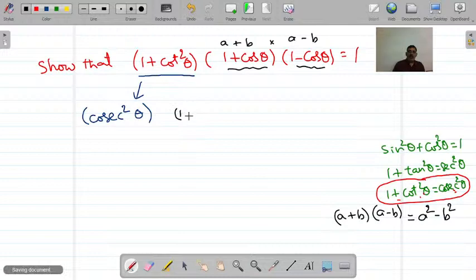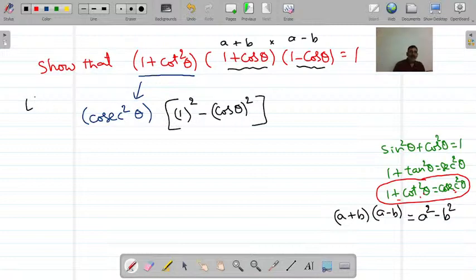So 1 square minus cos square theta. Now, I started with LHS and from LHS I obtained this. You leave it like cosecant square theta into, you observe this, 1 minus cos square theta.